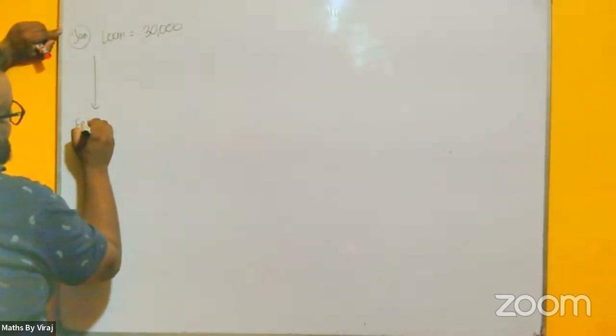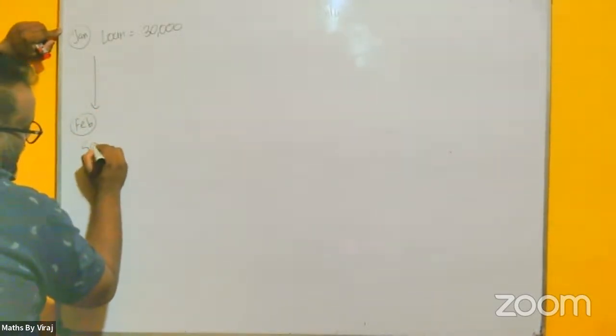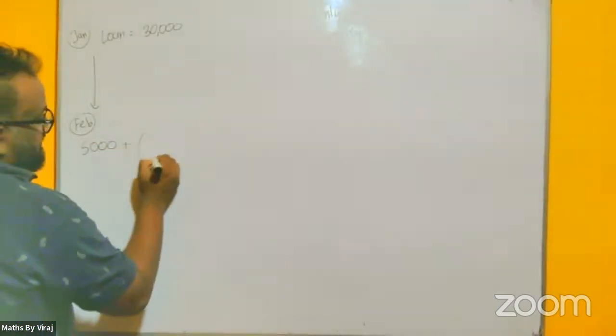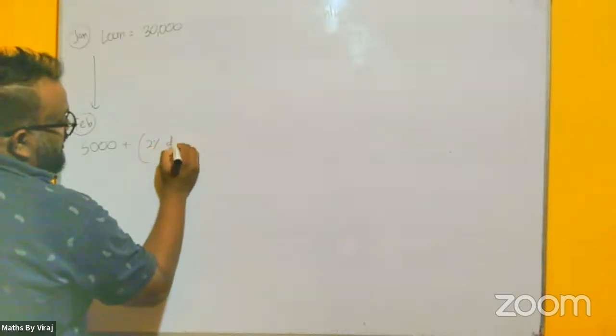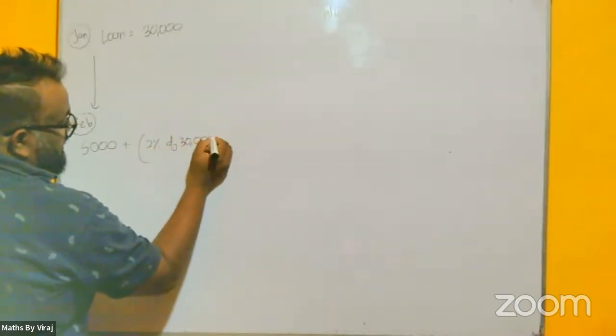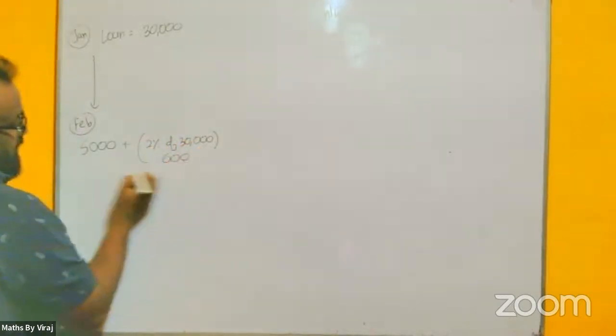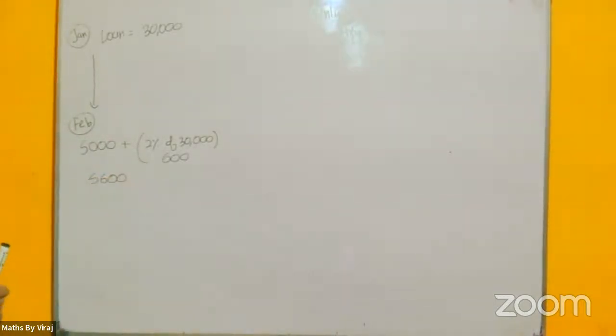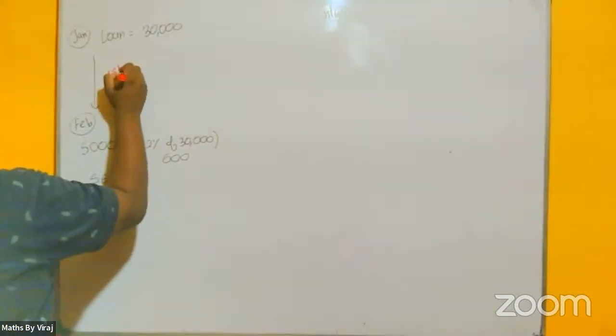When it comes to February, we give 5,000 from the loan amount plus 2% of 30,000. That is 600. Total is what? 5,600. This is our first installment.